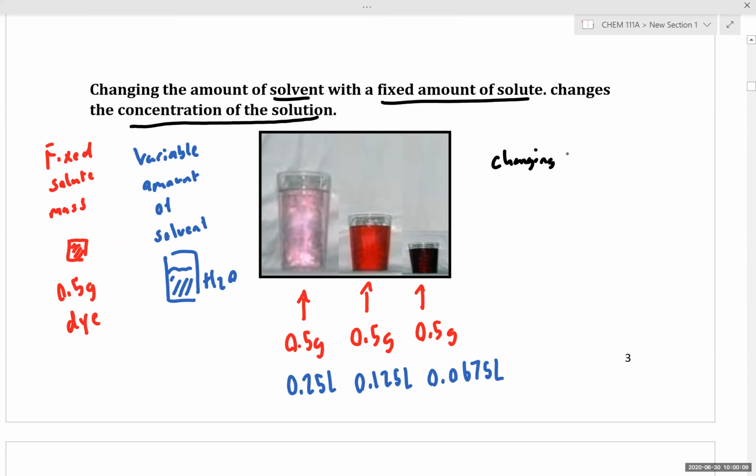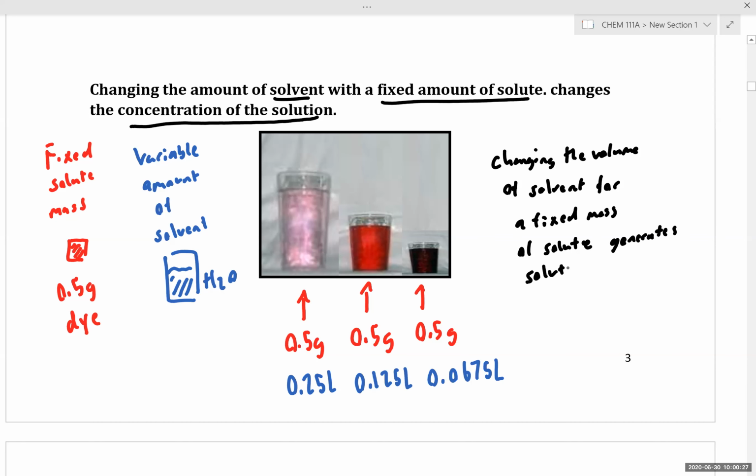So, as we can see, changing the volume of solvent for a fixed mass of solute generates solutions with varying concentrations. So, depending on the amount of solute and solvent, you can get more or less concentrated solutions.